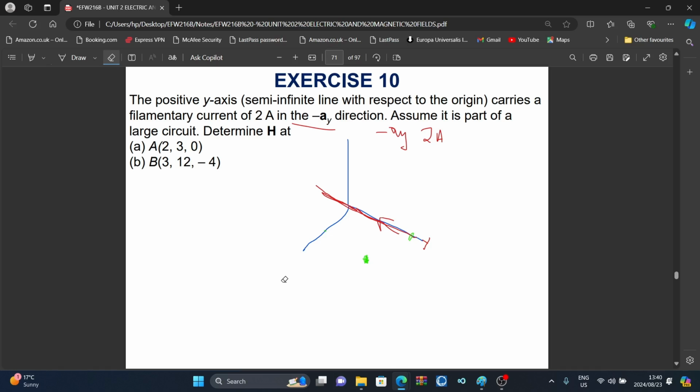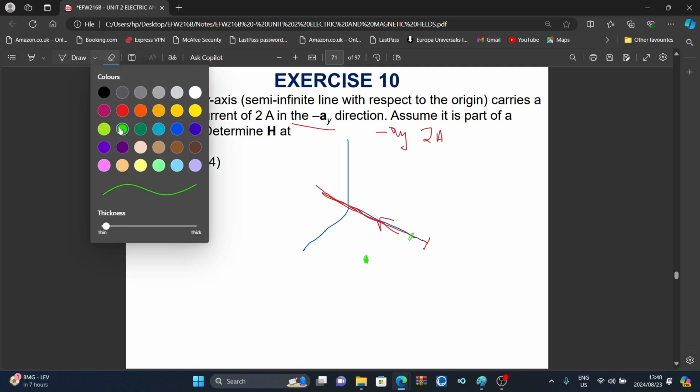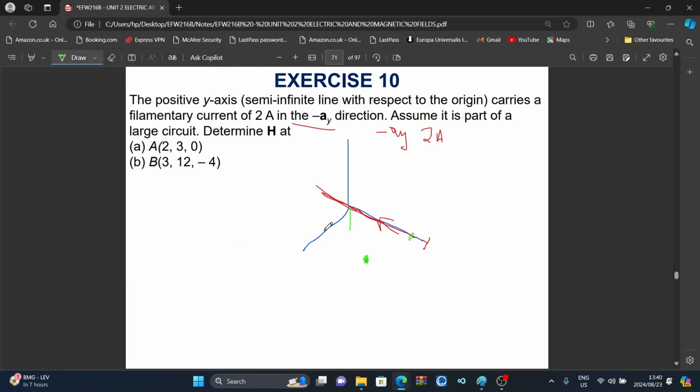Just remember it's a three-dimensional object, so there are dimensions to it. Then it goes down 4, then comes something like this. Let's see if we can draw it nicely.